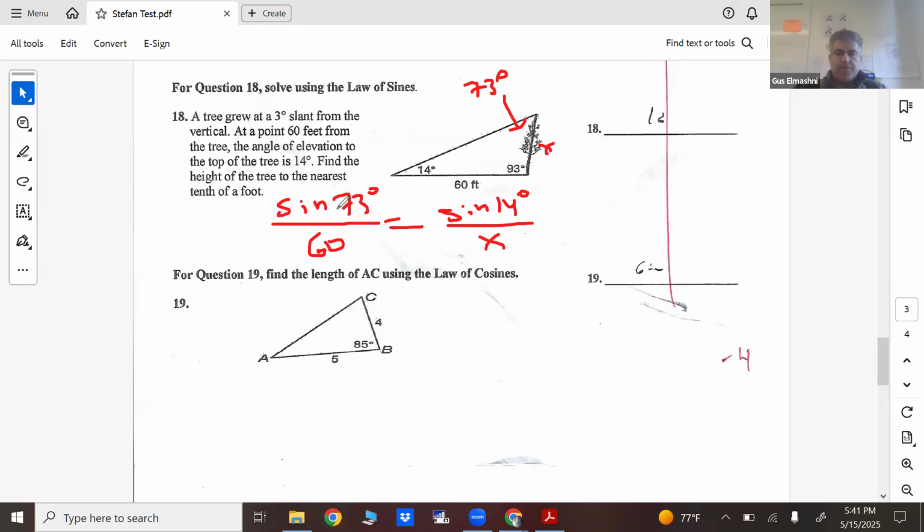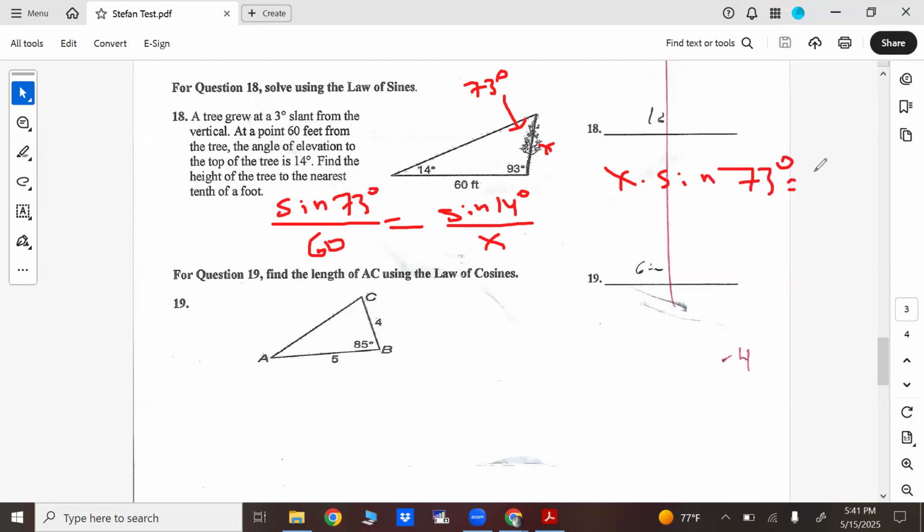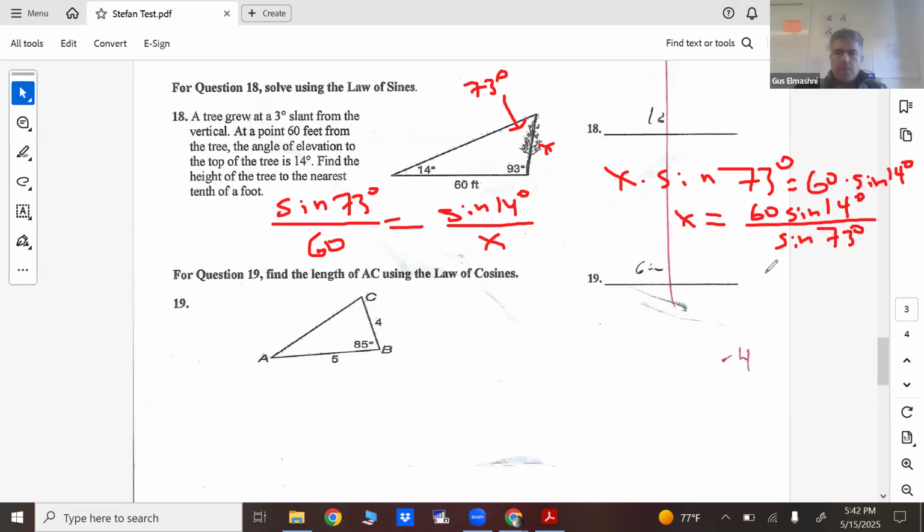Then you just cross multiply. We get 15.17. And nearest tenth of a foot, so 15.2 feet.